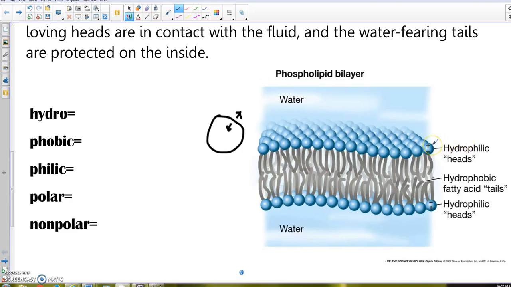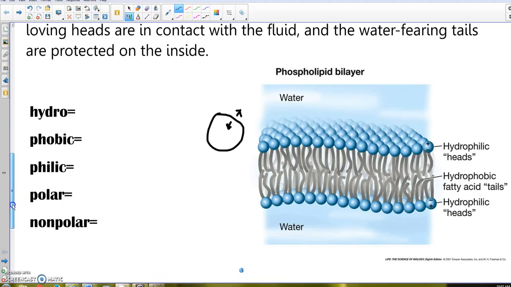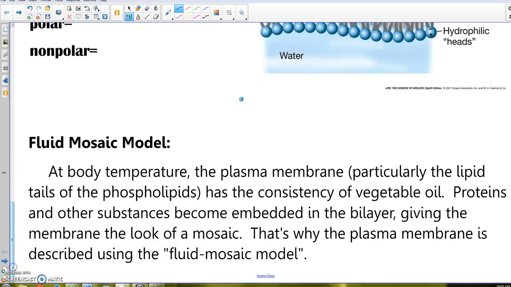That phosphate group is polar, therefore it's hydrophilic. Those tails are nonpolar, therefore they are hydrophobic, made out of that fatty acid. These two videos I'm going to also post separately as animations to look at on the website. So look for those if you would like to see an animation of the cell membrane.